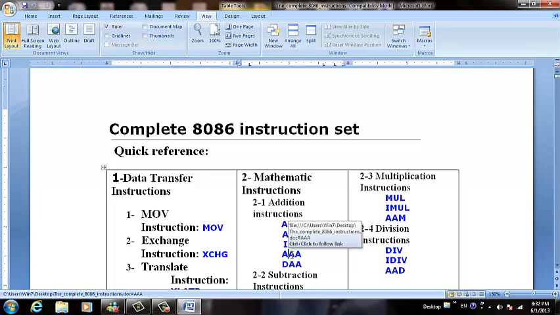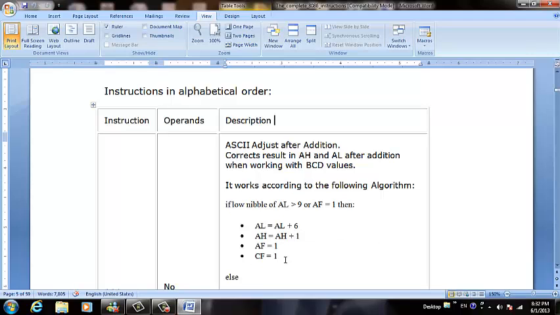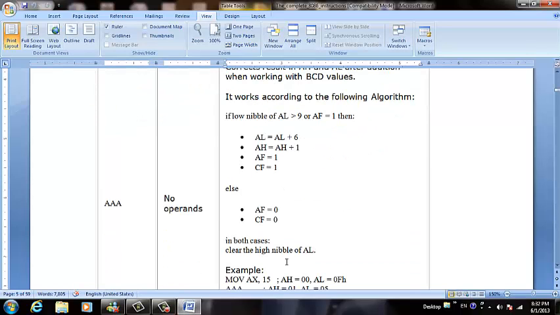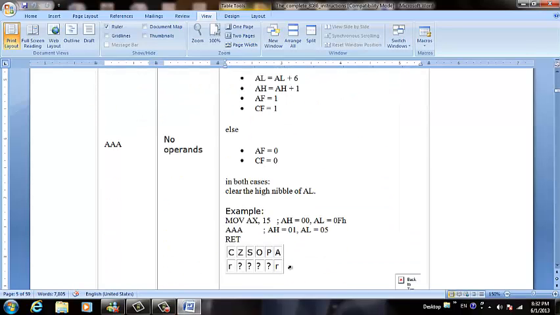ASCII adjust for addition. We know that in the ASCII code, the numbers from 0 to 9, the decimal numbers, are represented by 30 to 39.